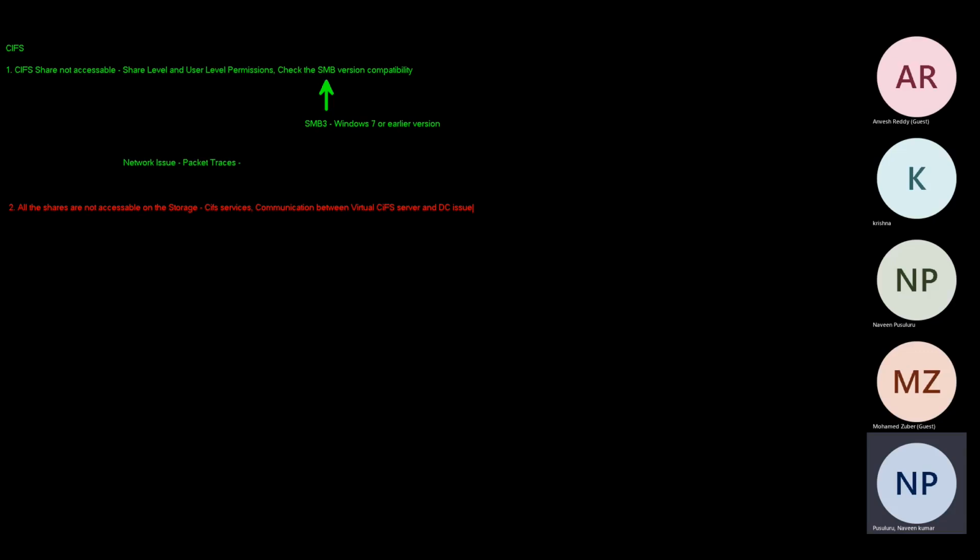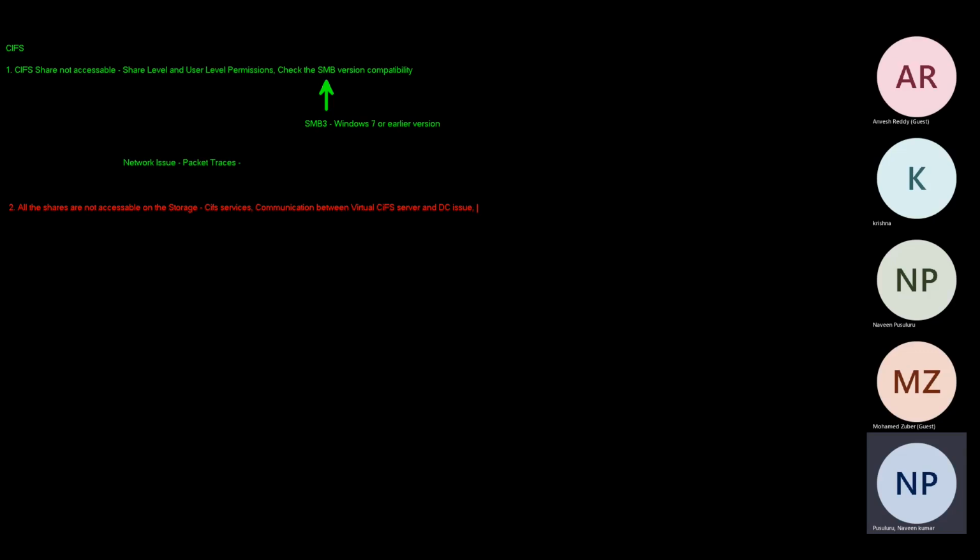In that case, my virtual CIFS server will not be able to communicate with the domain controller and will not be able to access the list of users in the domain and their usernames and passwords, right? So that is the reason that when the virtual CIFS server loses communication with the domain controller, nobody will be able to access the CIFS shares.